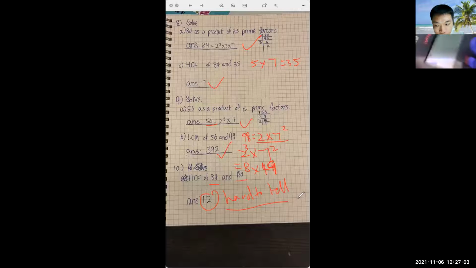Of course you can use a calculator, but I think it's good practice to write down the prime factorization for these two, and then of course you just pick. Because you cannot always test by trial and error, that kind of thing.